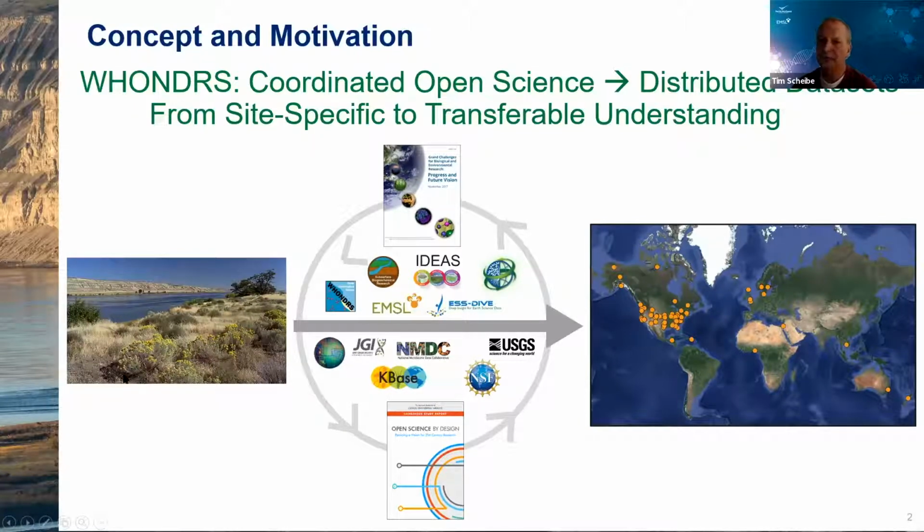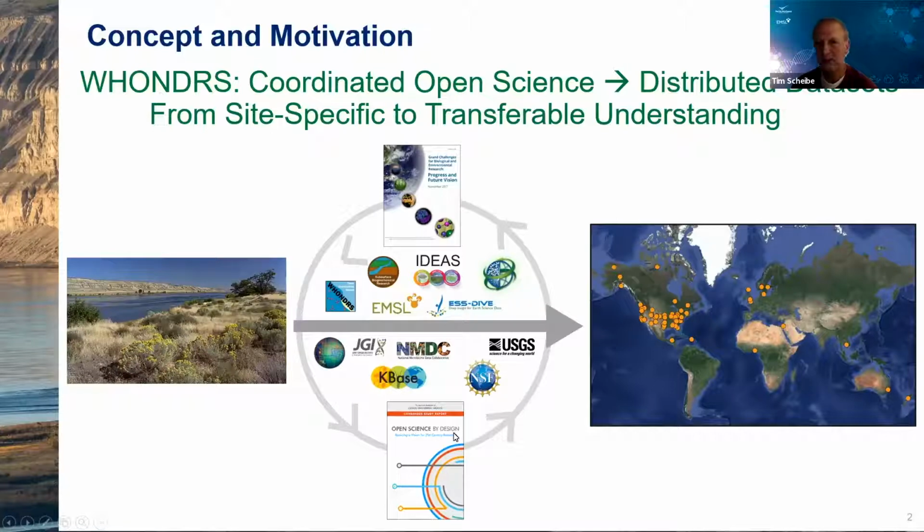And so as we've developed a strong research community within the DOE research programs that we work in, we've begun thinking hard about open science and coordinating it in a way that is designed to develop transferable understanding by integrating models and data. You see a number of different organizations and resources in the middle that have been converging together.